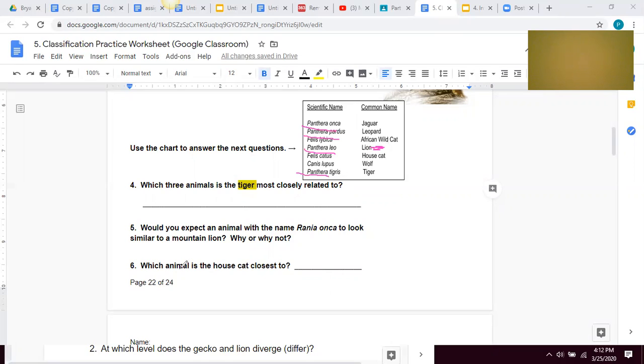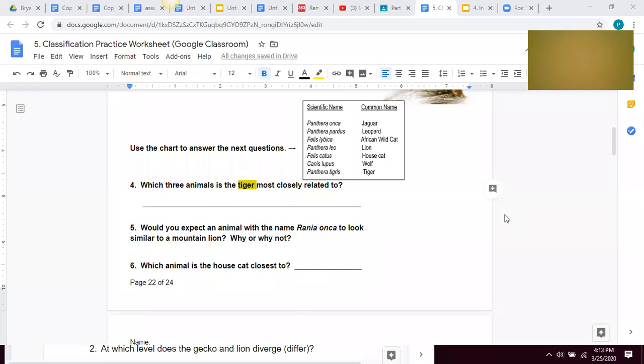All right, number 6. Which animal is the house cat closest to? So on this one, you look at the house cat's scientific name and figure out who he is most closely related to, like we did on number 4.